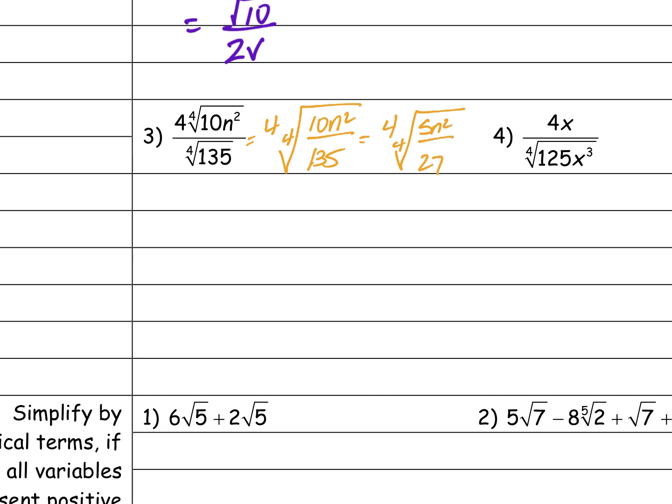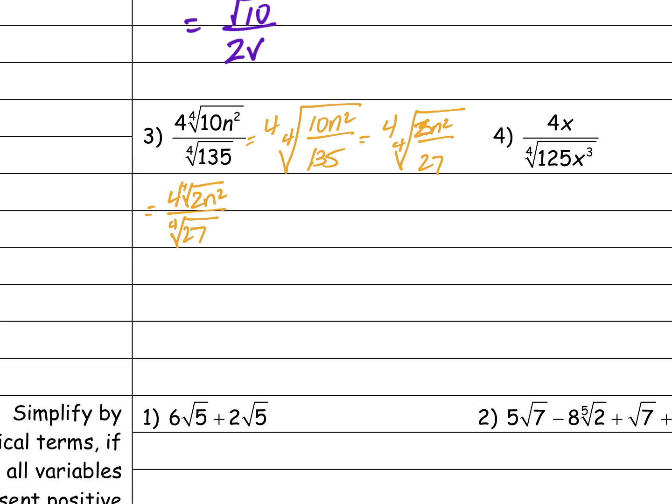I just divided by 5. Oh, not 5 on the top, sorry. 2. 5 goes into 10 2 times, not 5 times. Wow. Okay, so then I can write that as the 4th root of 2n squared over the 4th root of 27.